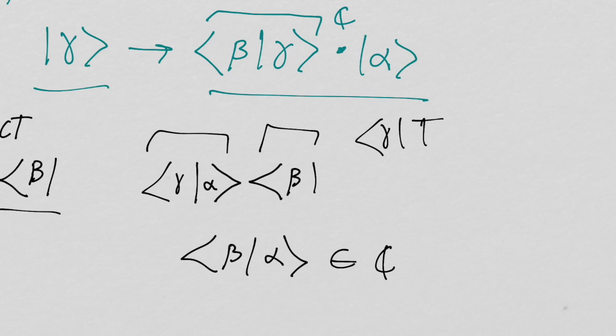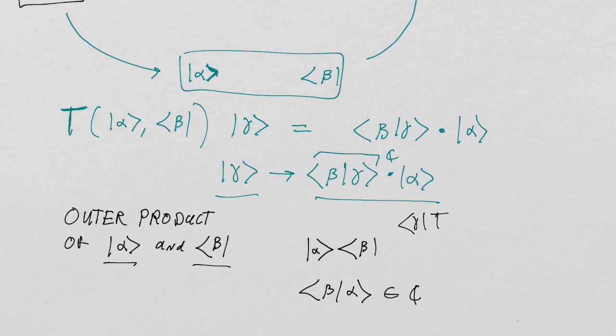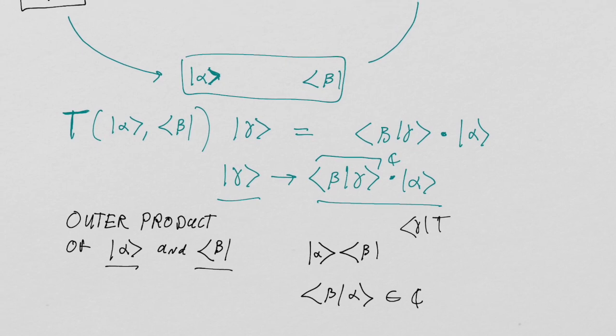So this outer product is a very important concept to get down. I have to admit, I never was very comfortable with it as a student. I don't know why, because it's not hard. I just don't think anybody ever explained it the way I just did: take a bra, take a ket, and you can build a transformation. You still have to show that it's a linear transformation. I'm not going to bother. It is. But this counts as a transformation T, that object.